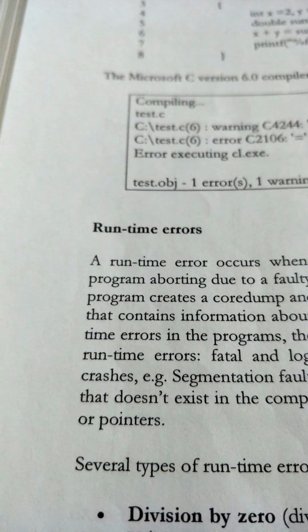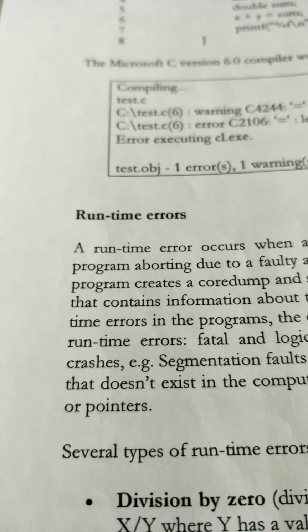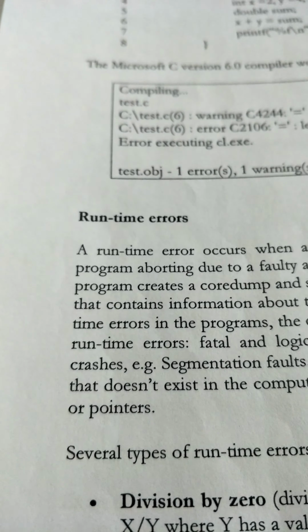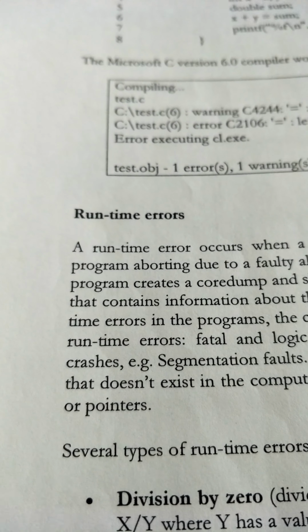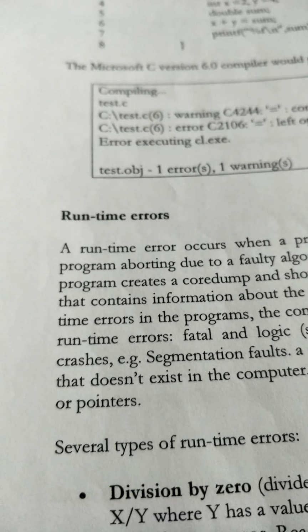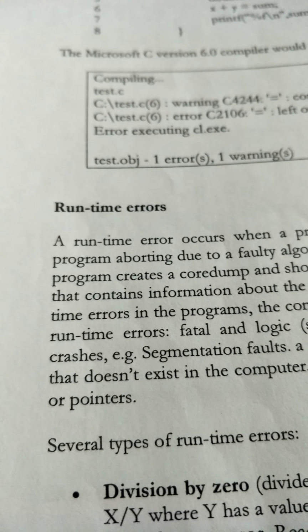Usually it results in the program aborting due to a faulty algorithm, values calculated erroneously. An aborting program creates a core dump and should be deleted. A core dump is a binary file named core that contains information about the state of the program when it aborted. Yeah.